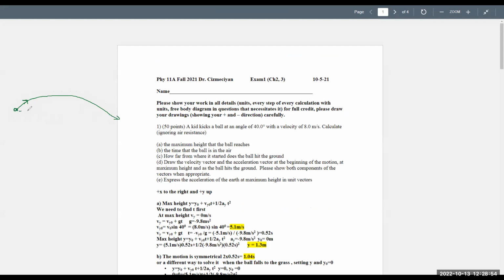And whenever it says angle, you're assuming it's with the horizontal. 40 degrees, with an initial velocity of 8 meters per second, right? Still v naught.